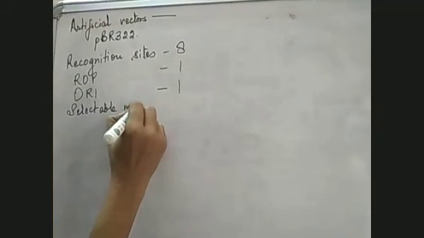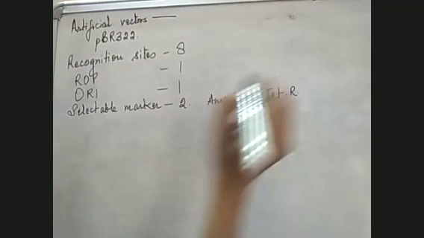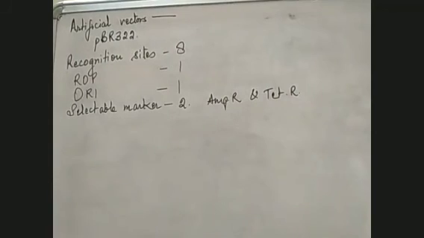There were 2 selectable markers, ampicillin resistance and tetracycline resistance, showing these 2. So this we did yesterday.